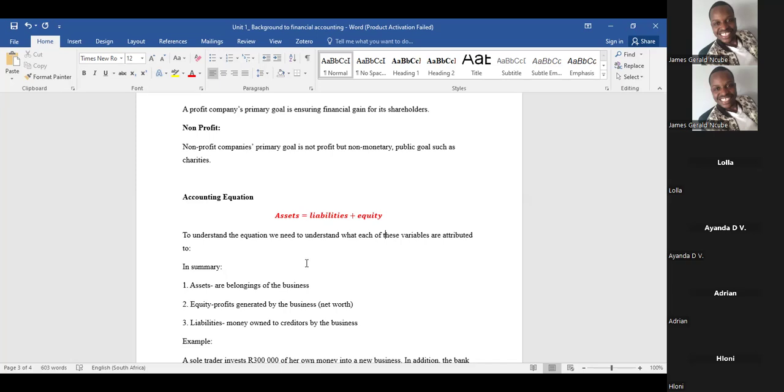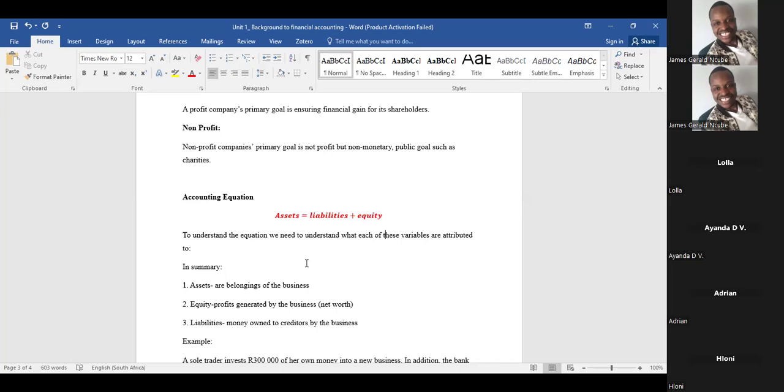I go to the bank, I borrow 300,000 Rand, and then I have my 800,000 Rand. What happens there is that I invested 500,000 Rand in the business. So that becomes the equity, or my contribution to the business. Whatever I have contributed to the business is called equity.